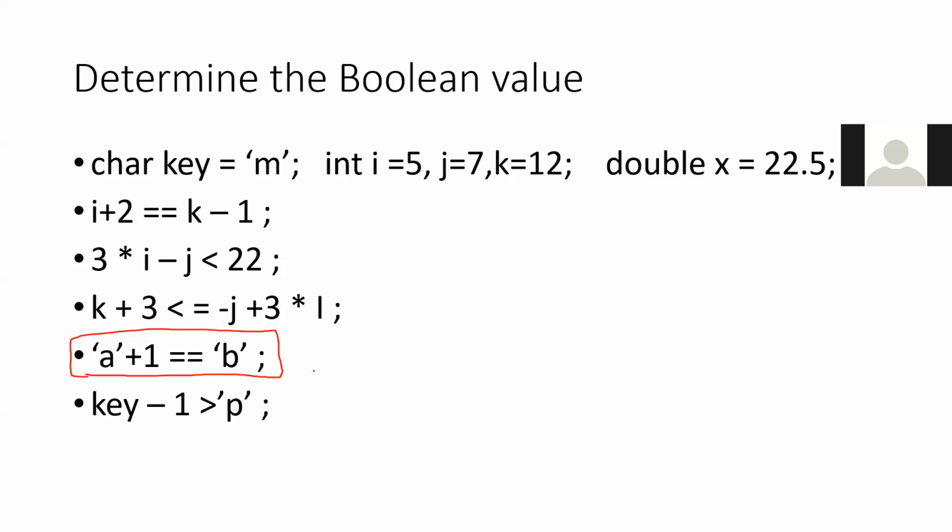Okay, but just take the concept of this. Character A plus 1 is equal to character B. So this actually is what? If you do an operation like this, it means you need to take ANSI value.